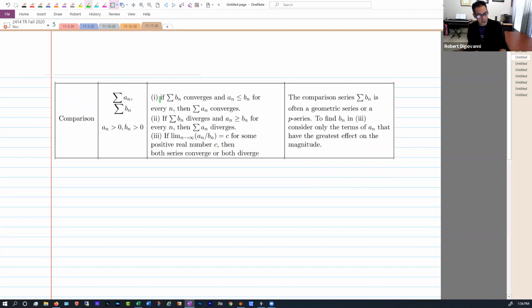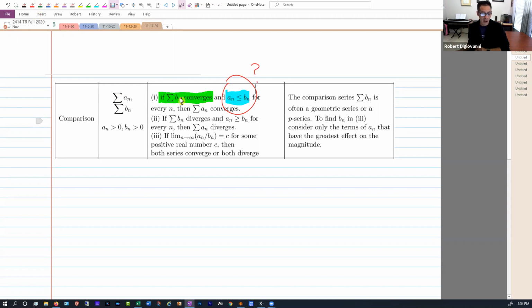If the thing you're comparing it to converges and this is true, then the original series will converge. That means I have to figure out whether or not that's happening. I need to know, are my a sub n's always less than or equal to my b sub n's?